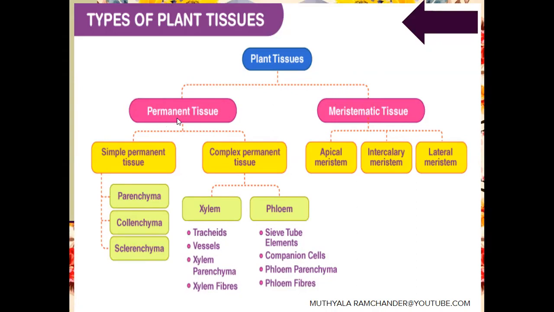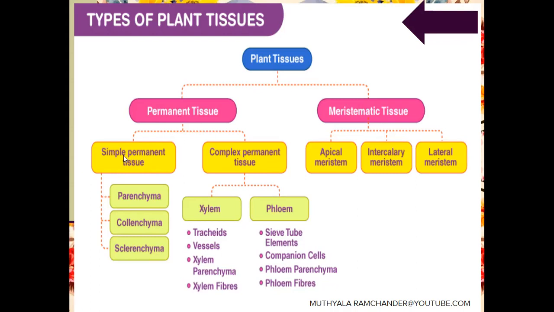Permanent tissues are present in all parts of the plant body. They are mainly of two types: simple permanent tissue and complex permanent tissue. Simple permanent tissues are structurally and functionally similar. They have only one type of structure and only one type of function.